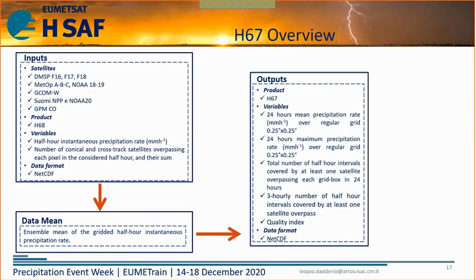Again, the data format of the output file is always in HDF.